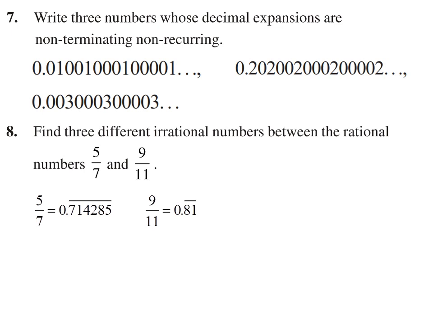So we have to write numbers which are greater than 0.71 and smaller than 0.81.